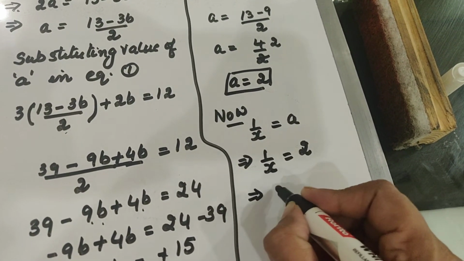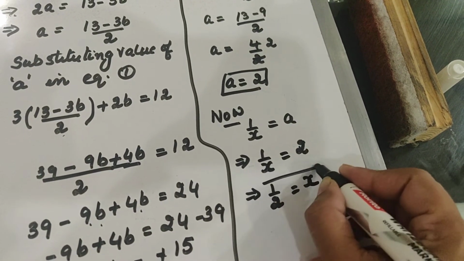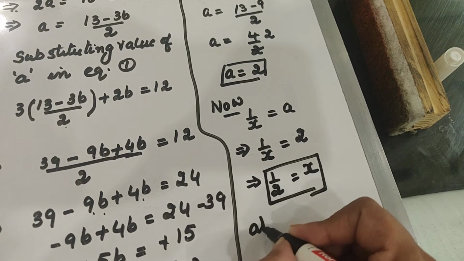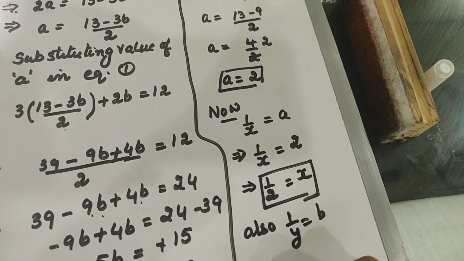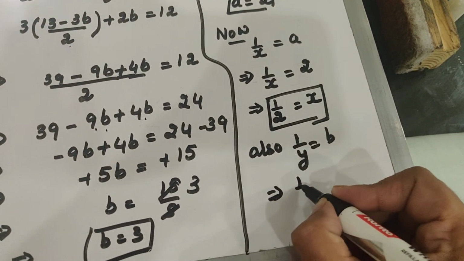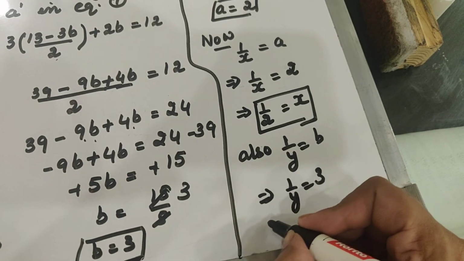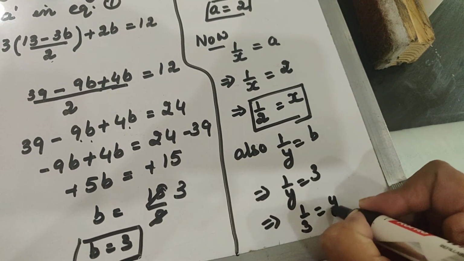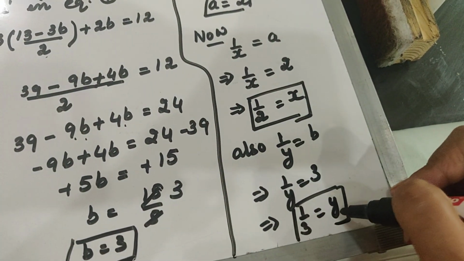So this will be 1 upon 2 is equal to x. Okay, so the value of x will be 1 upon 2. Also 1 upon y is equal to b. This implies 1 upon y is equal to 3. Again cross multiplication. So 1 upon 3 is equal to y. So children, these are the values of x and y.